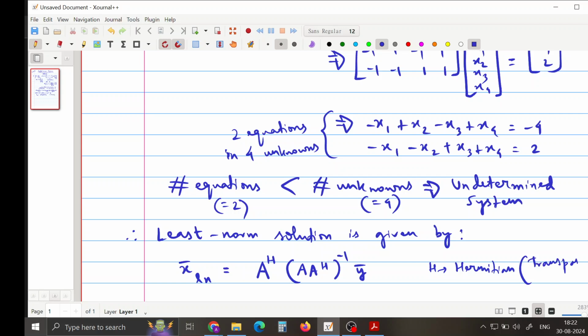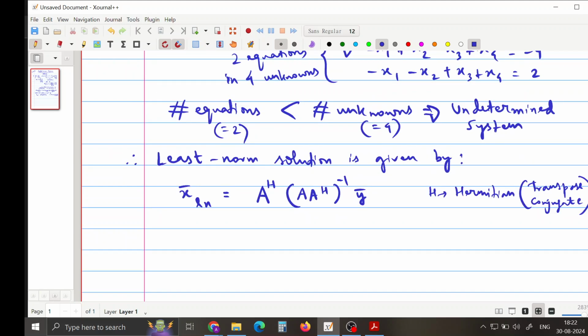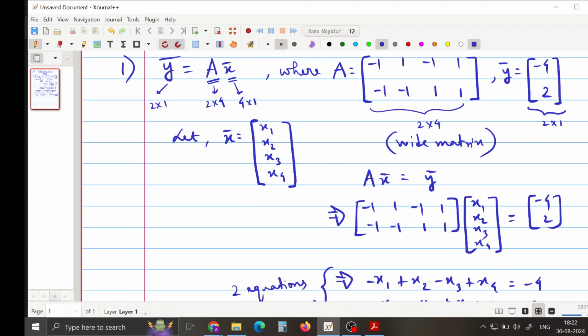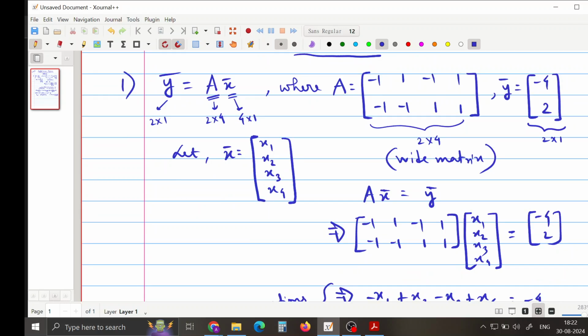I think I mentioned this in the last session as well. There are different notations used in different places. Some people use dagger notation, some people use just star. But in our case, all the things you see are real. The matrix A is a purely real matrix. All the entries are real numbers.